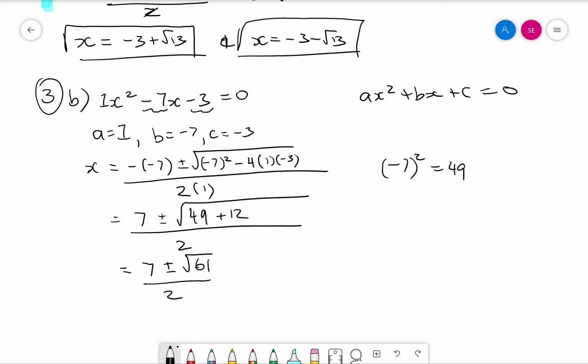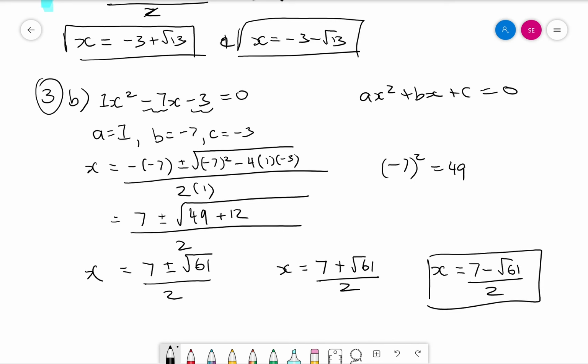Now, I think that's as simple as it can get. If not, prove me wrong. So x is equal to 7 plus the square root of 61 on 2, and x is equal to 7 minus the square root of 61 on 2.